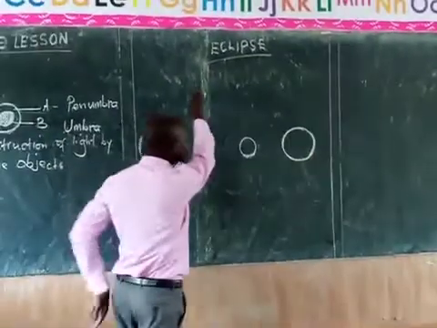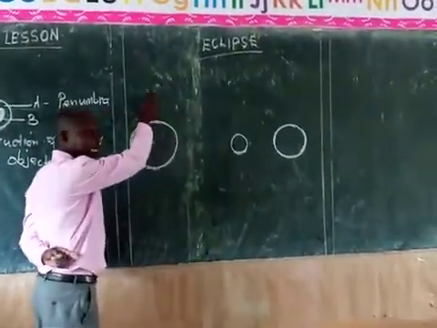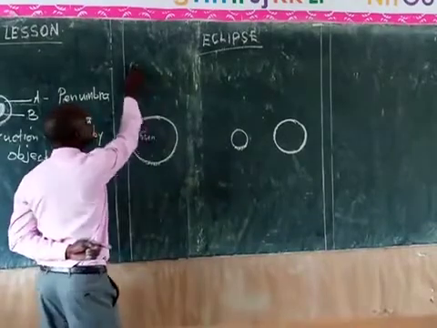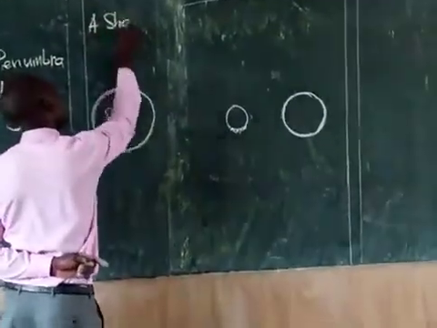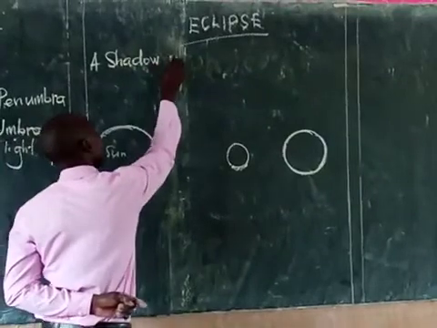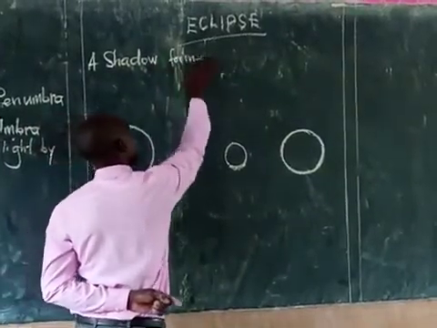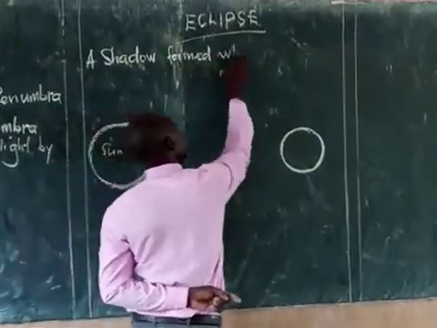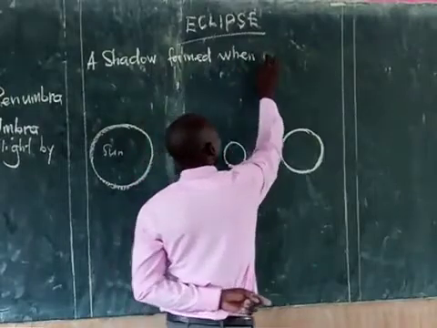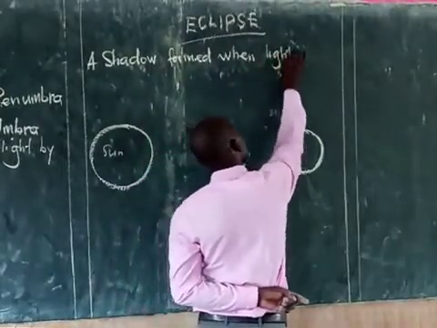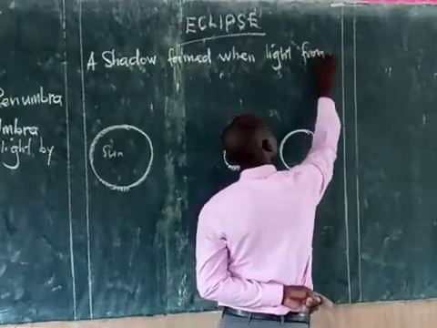And we said eclipse means what? What did we say eclipse means? It means a shadow formed when light from where? From the sun.